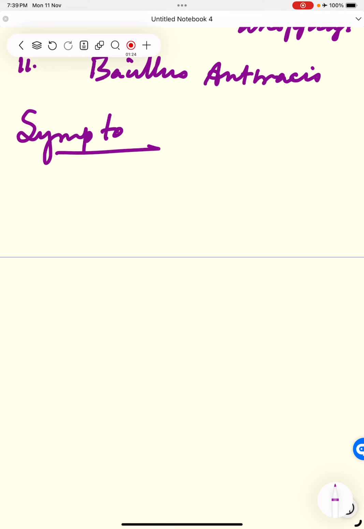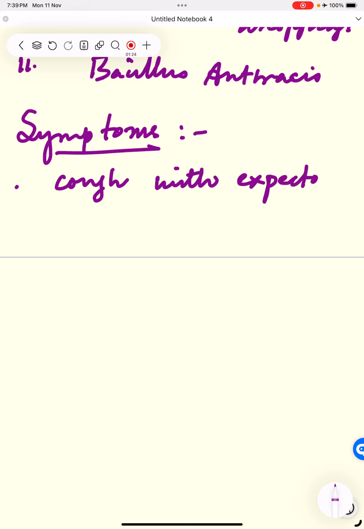Now coming to the signs and symptoms, how do the patients present to us? The list of symptoms generally can vary in each individual case. So the patients usually come with cough with expectoration. They may come with fever.